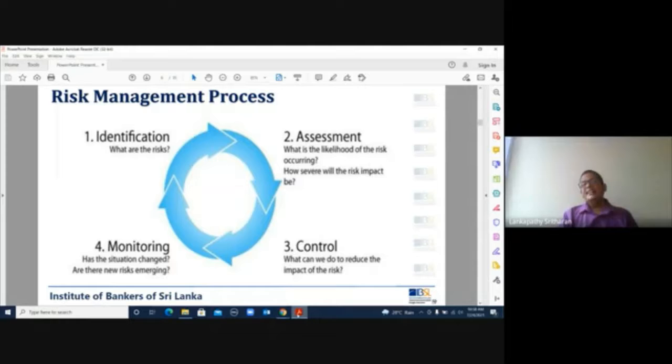Then there's another 30% chance of even losing capital and getting only 95 million as a return. So now, assessing the scenarios and the likelihood of each, we are assessing the total impact to the company or to the particular fund. So that is called assessment.